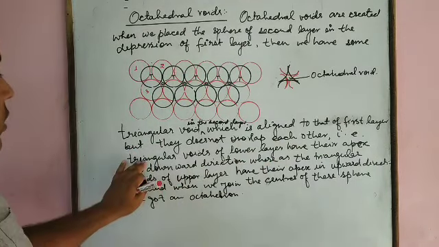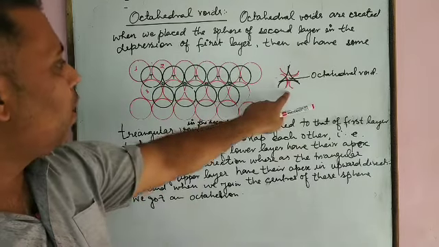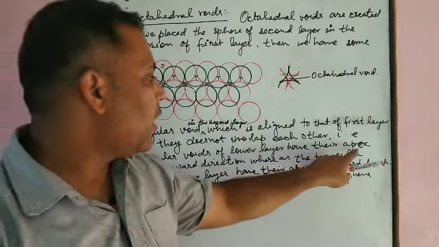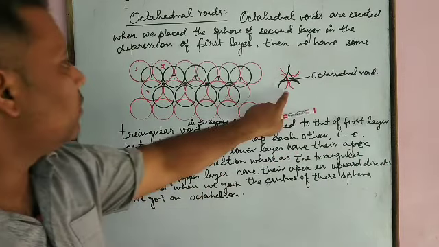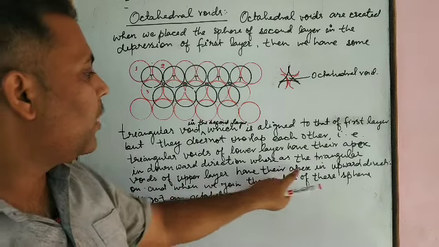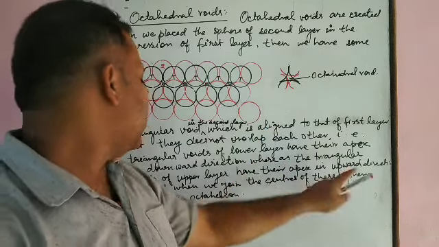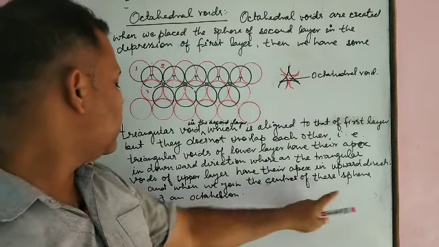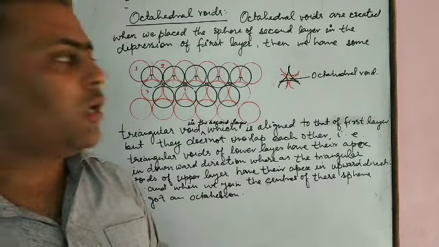That is, the triangular voids of the lower layer have their apex in the downward direction, and the triangular voids of the upper layer have their apex in the upward direction. And when we join the centers of these spheres, we get an octahedron.